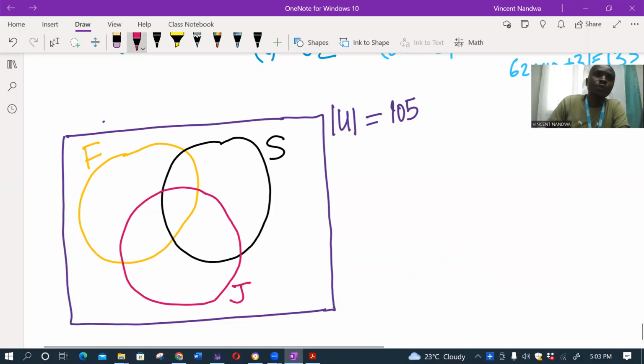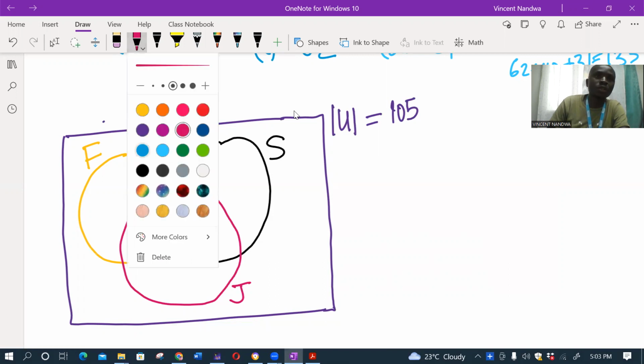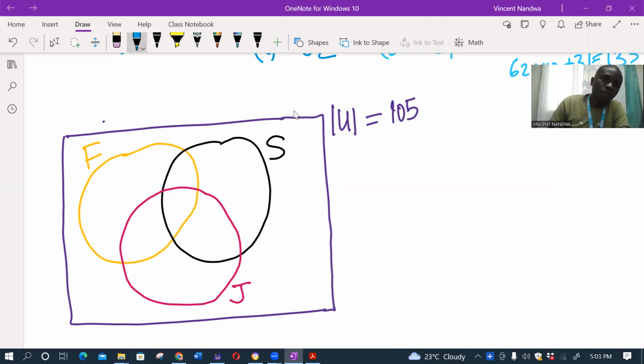And then you can label these parts by small letters just to help us represent the numbers for each section. So let's label this as small a, small b, small c, small d, small e, small f, small g, and outside the 3 circles, let's call it h.